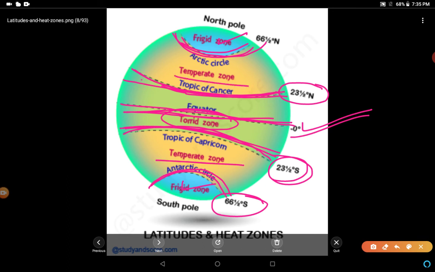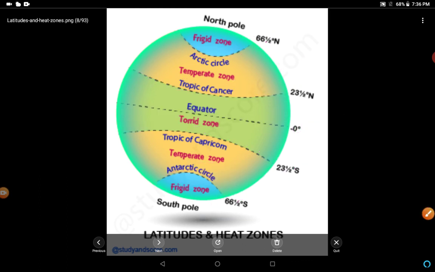And Arctic Circle and North Pole, and Antarctic Circle and South Pole, this is the frigid zone. So there are 3 heat zones of the earth: torrid zone number 1, temperate zone number 2, and frigid zone number 3. So dear students, I hope that you are getting my point. Very simple and very easy to understand.